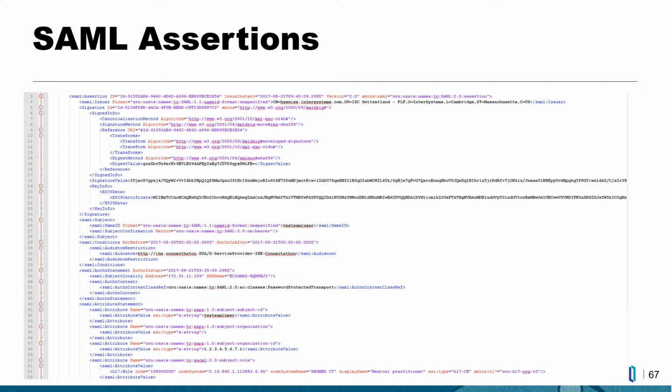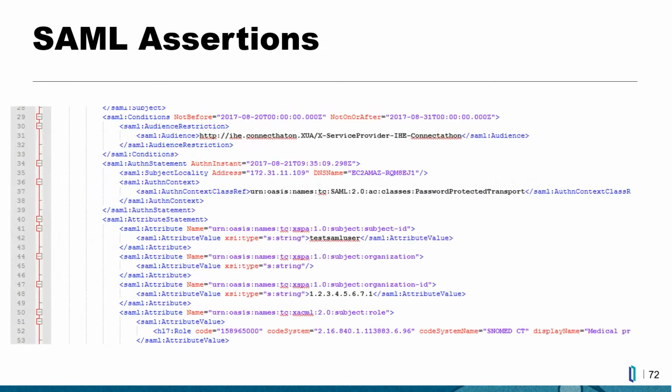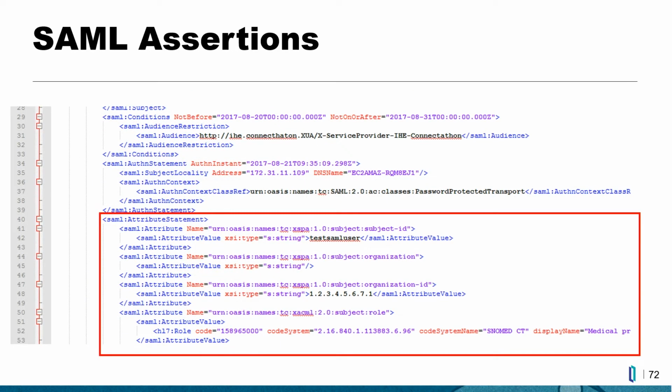SAML assertion, this is an example here. So the XML structure, you have obvious pieces like the cryptographic part with the signature, an X509 certificate that identifies the signer. What's interesting, more than all the standard stuff, is this part that contains the SAML attributes. And the SAML attributes can be a customized list of properties.